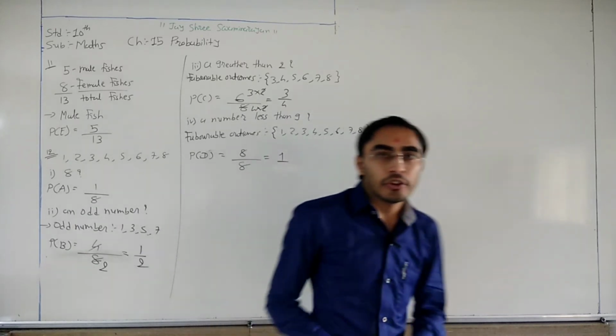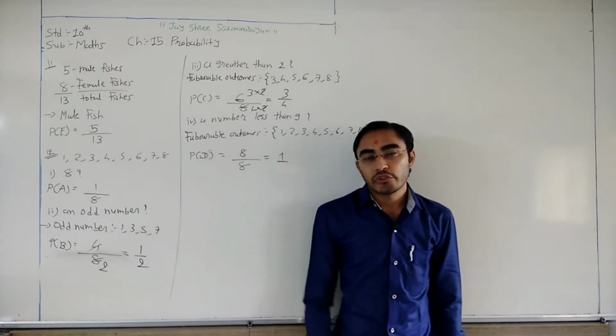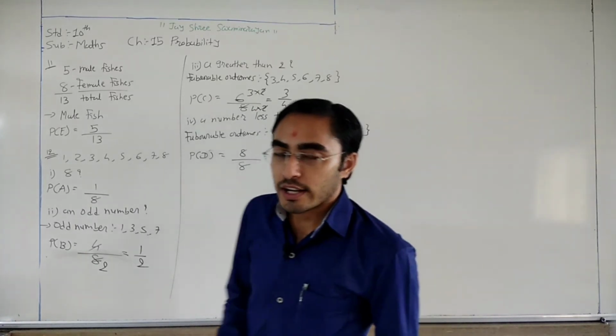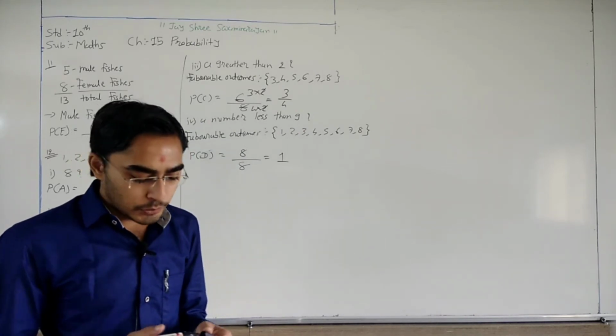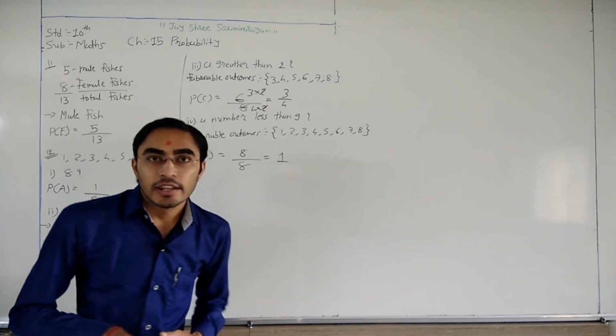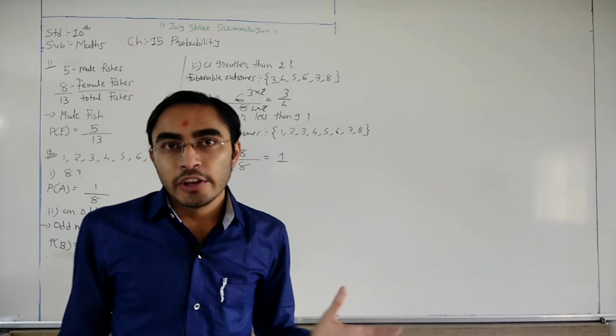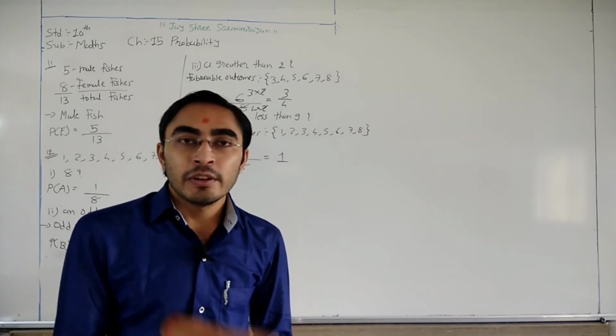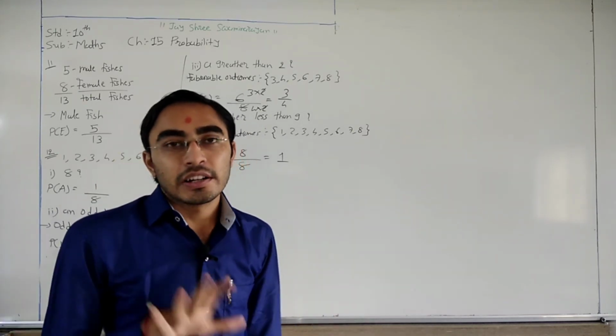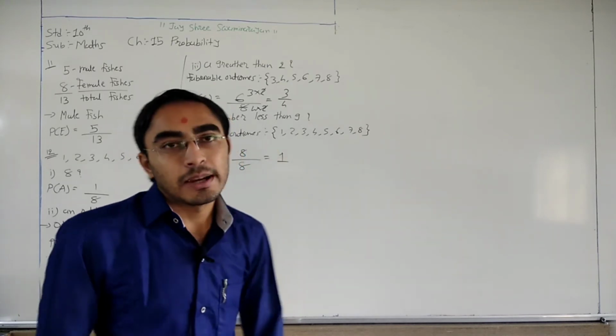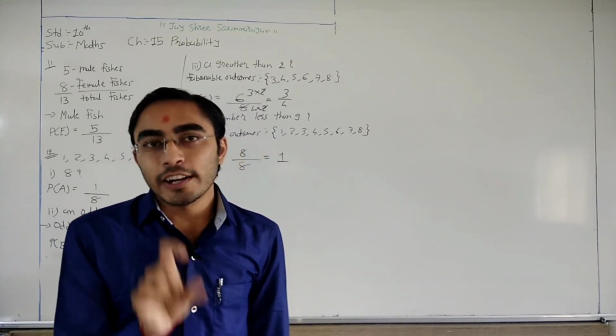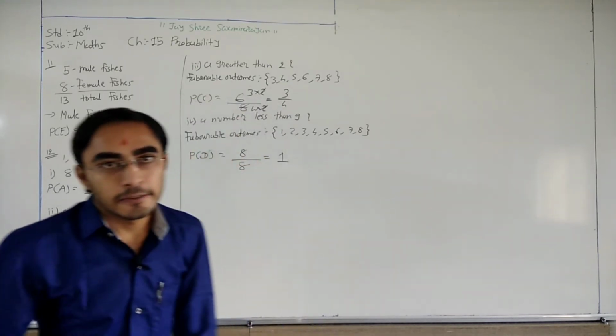That means this is a certain or sure event, right? Because here we need to find the probability for a number less than 9, and all the numbers are less than 9. So definitely, if the spin rests on any number, that is favorable, because that number will be less than 9.